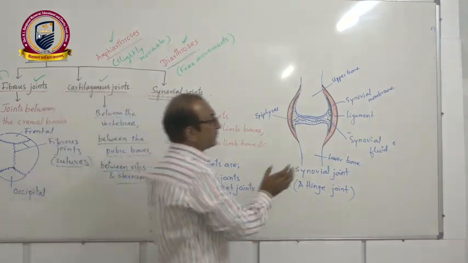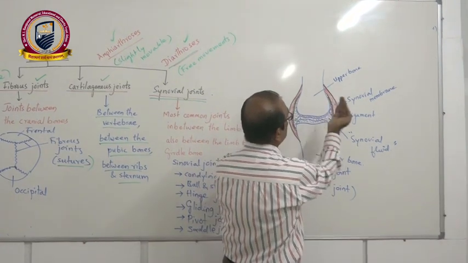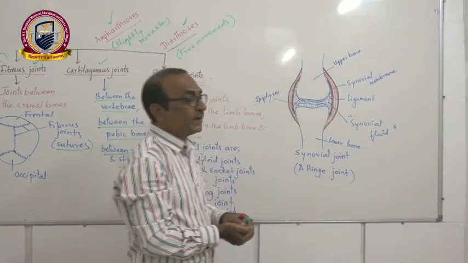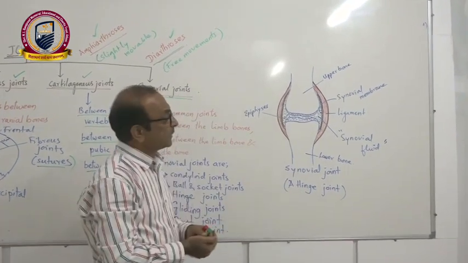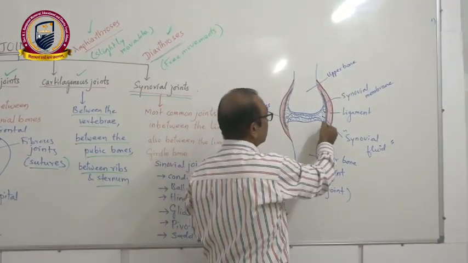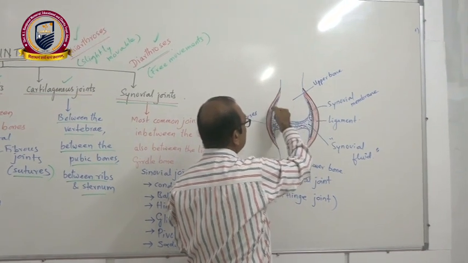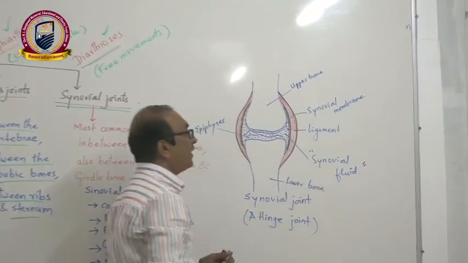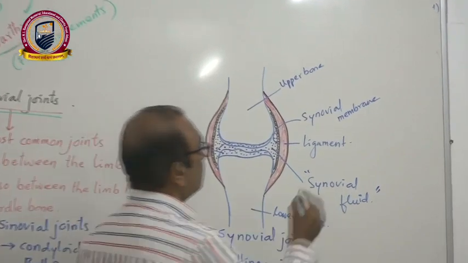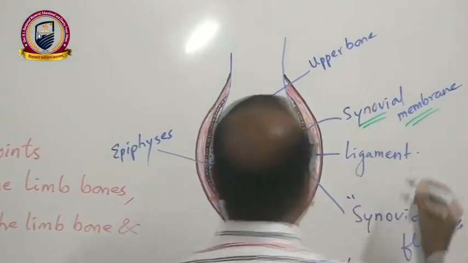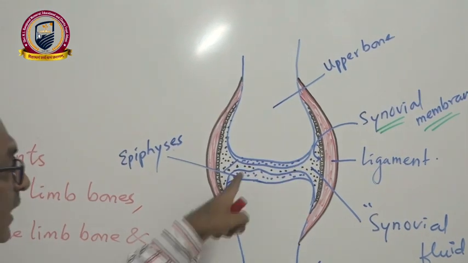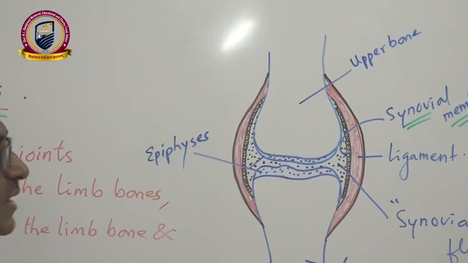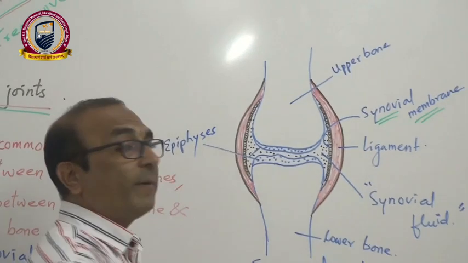So that ligament forms the outer capsule at the point of the joint, and inside the ligament there is a single-cell-thick membrane lining it, called the synovial membrane. This synovial membrane secretes the liquid in between, and that liquid lubricates the surfaces and therefore allows free movements.